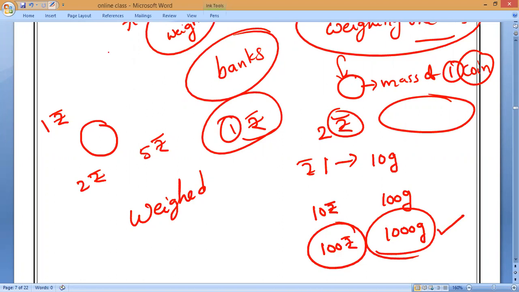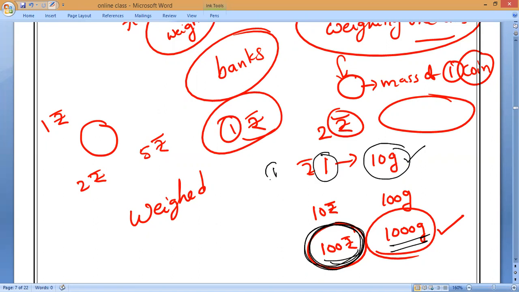Here you can see, as I told you, the mass of coins they are relating with what, Hari? Number of coins. Suppose we assumed that 10 grams is equal to 1 rupee coin, meaning 1 coin is equal to 10 grams. Now I got 1000 grams. Totally how many 1 rupee coins did I get? 100 coins.